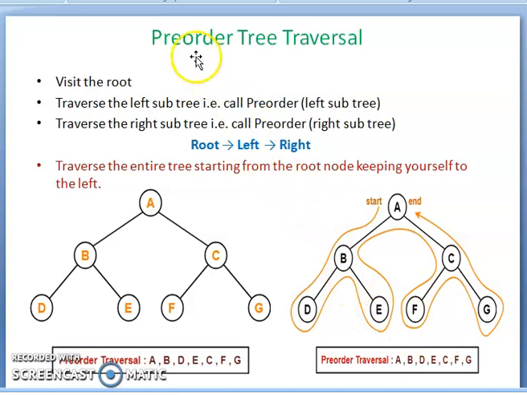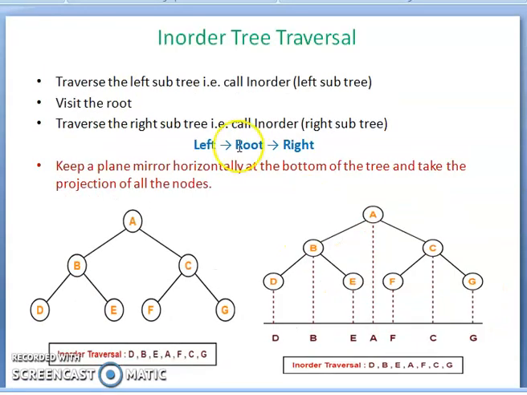Now this is about the pre-order. Simple technique is traverse the entire tree starting from a root, keeping yourself left, you always go left. And in-order traversal, this one is you traverse the left subtree. Once the left subtree is over, then visit the root, come back and visit the root, and then traverse the right subtree.